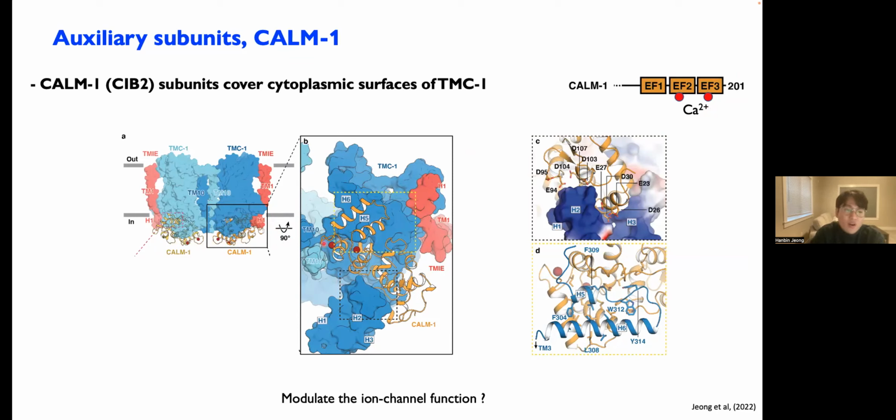And there are calcium ions on the last 2 EF-hand motifs, and we don't know the exact role of calcium binding to CAM1. But according to its close location to the TMC1 pore, we guess it might modulate the ion channel function.